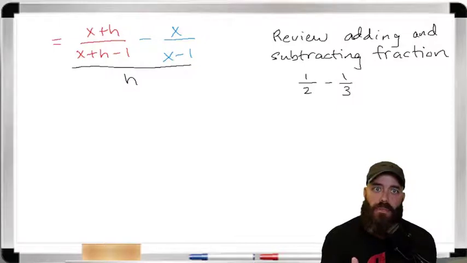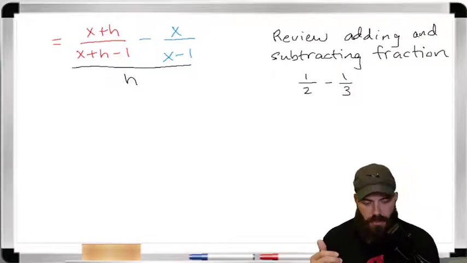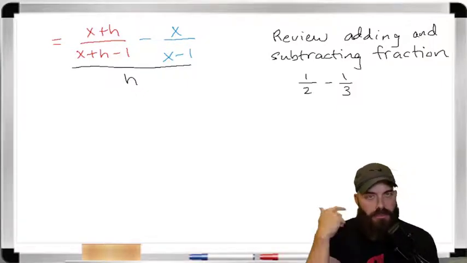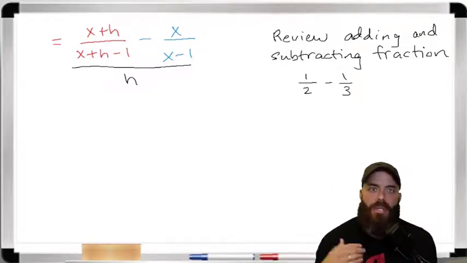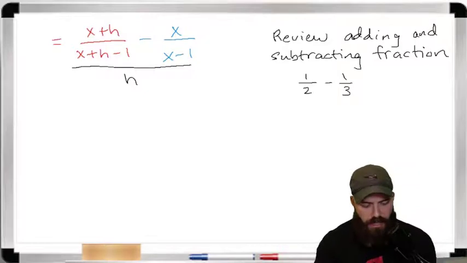When we look at 1/2 and 1/3, we have a denominator 2 and a denominator 3. So we need to think of something called a least common denominator, or at least a common denominator. In this case, it can be found quickly by taking the two denominators and multiplying them together.